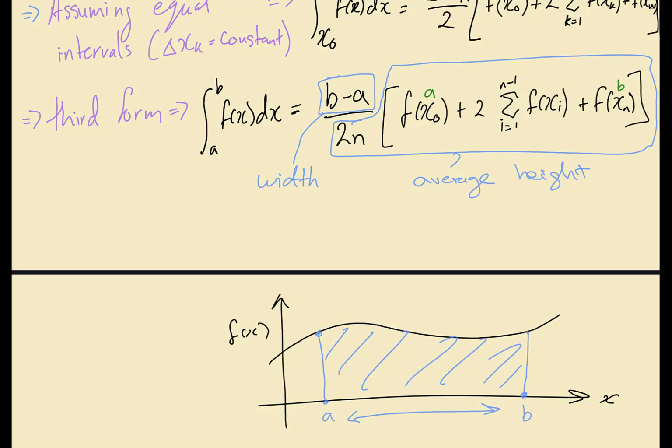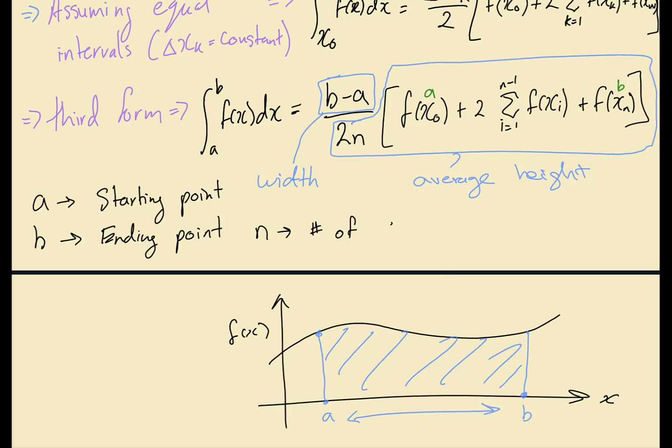That would give me the area, basically. Just another way of looking at this. So just to make sure you all understand, a here is the starting point, b is the ending point, and n is the number of segments.